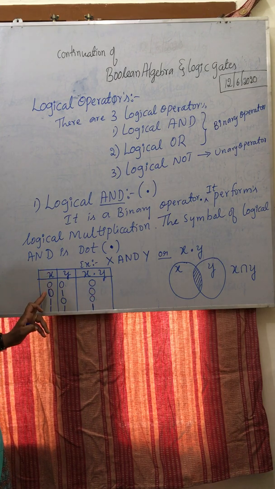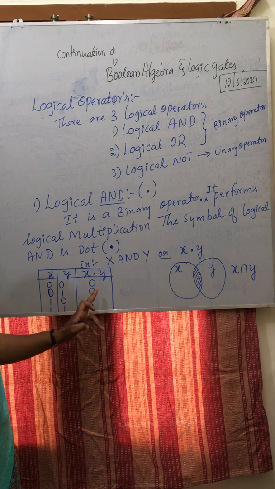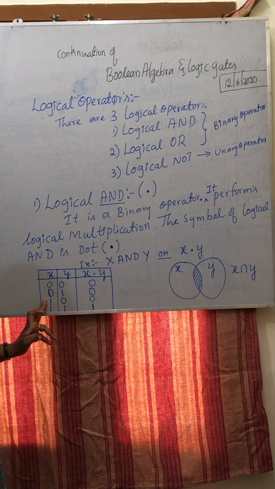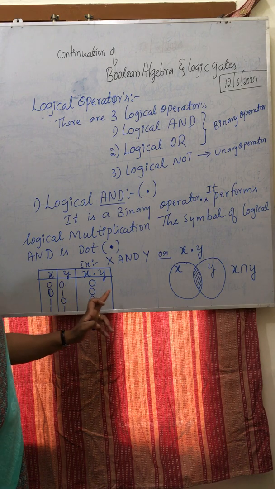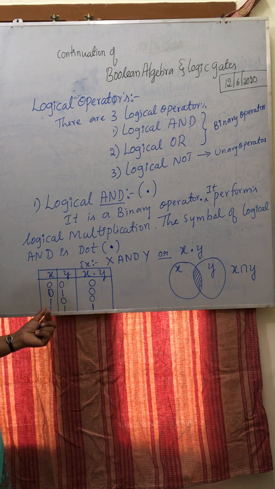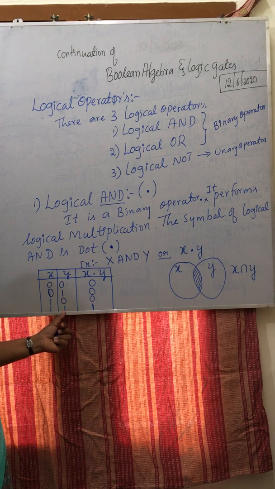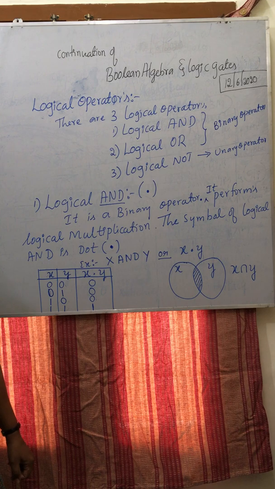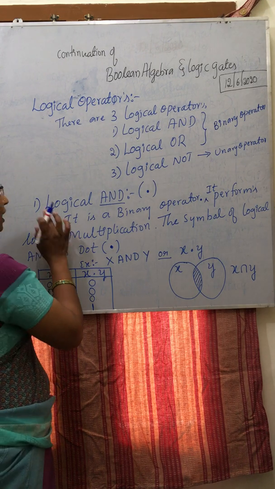They said there is no roti, there is dal, we cannot eat only dal. They said only roti is there, no dal, then also we cannot eat. If both roti and dal are there, then we can place the order. This is a scenario of your logical AND.